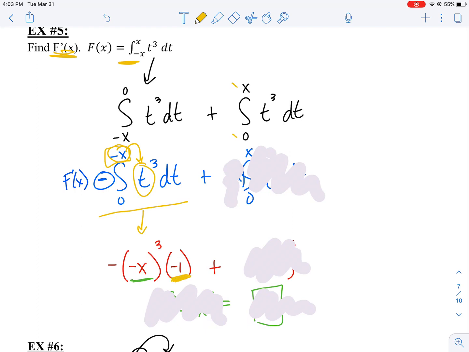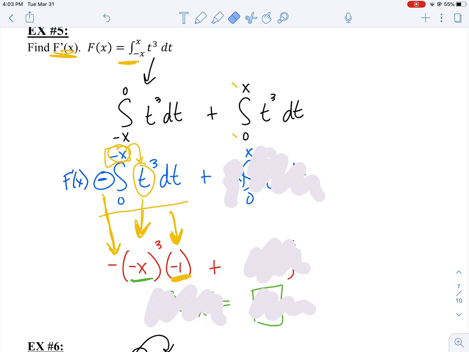I've multiplied by the derivative of that upper limit, which is a -1, but then don't forget I have another -1 from the beginning. Again, I plugged in my upper limit, I multiplied by the derivative of that upper limit, but don't forget we have a negative in the front from flipping those limits of integration.